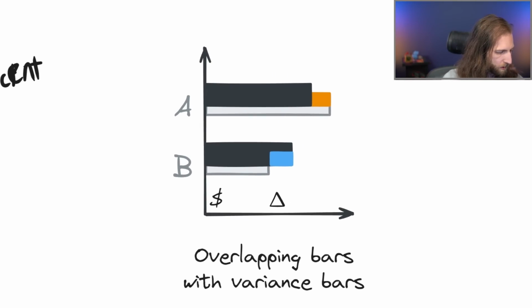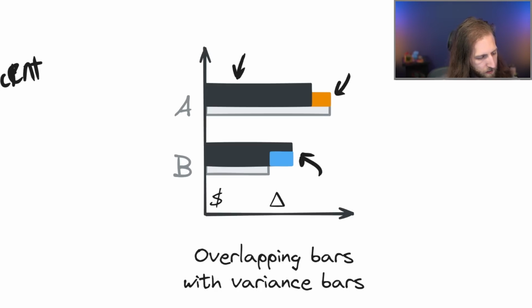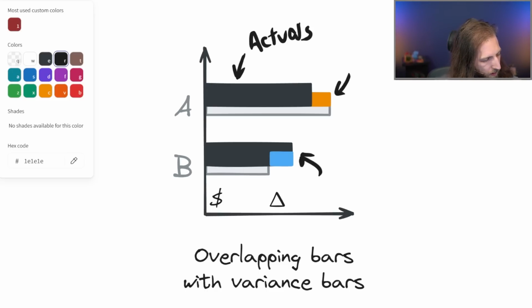Now, what we could also do is we could just take our overlapping bars like we had seen previously, and then we could look at the variance, highlighting it here. So we're plotting our actuals as these black bars. So these are our actuals. And then we are visualizing our target.